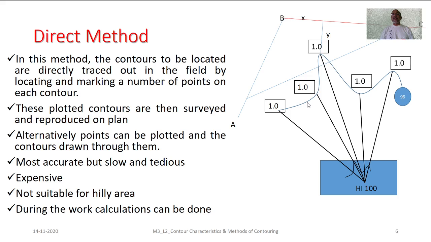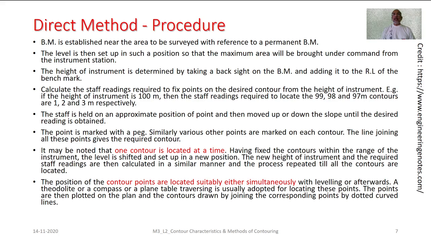So here we will be following our second principle of surveying. We will be making use of two independent measurements in order to plot that particular location. Thereby this direct method is helping us to trace the contour actually on the site as well as simultaneously plot it by making use of some other convenient surveying technique. The procedure that I discussed in the earlier slide is given here for your reference.